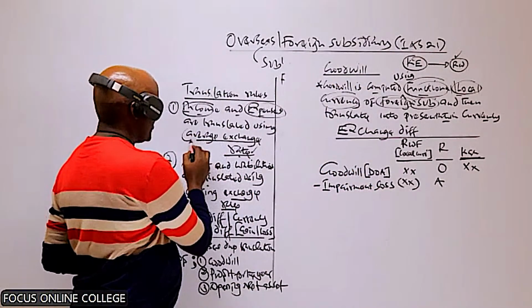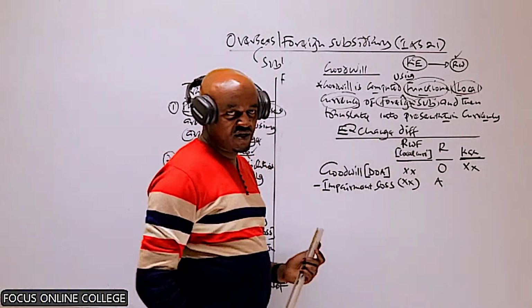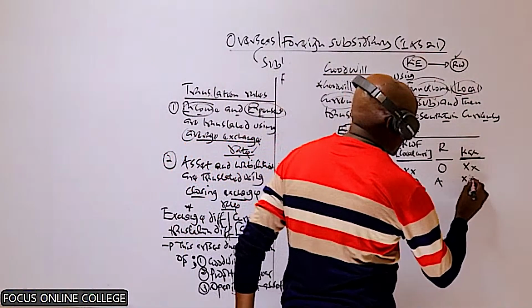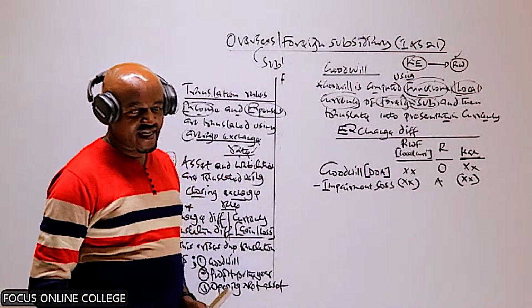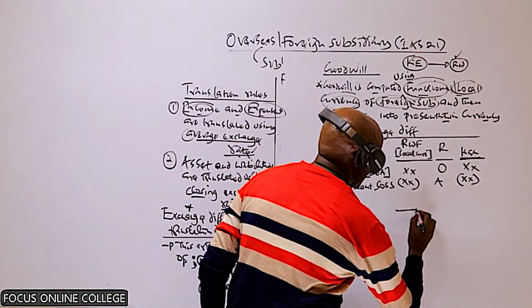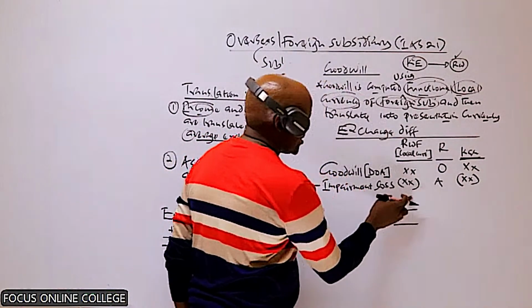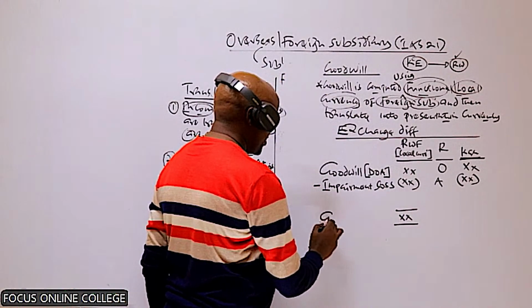The average, A for average. Maybe you can just note that somewhere. Then we get the impairment loss in Kenyan shillings. Then we take this minus that, and reading one line here, that will give us the value of goodwill at the end of the year.